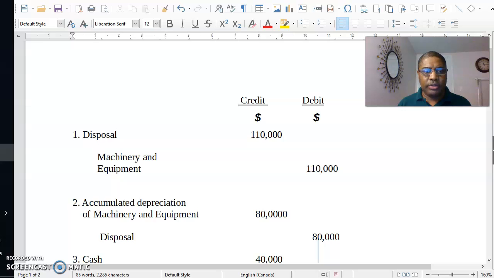Okay, and today we want to talk about a few things, particularly the disposal of an asset. But before I start discussing that, I want to point out a few areas that I didn't discuss in the last lesson on the accrual concept.